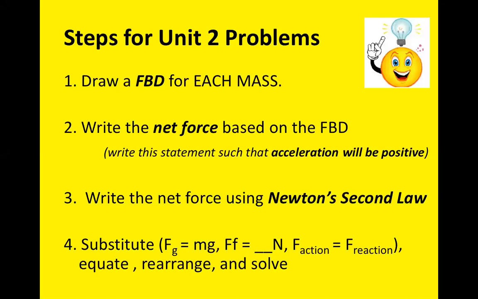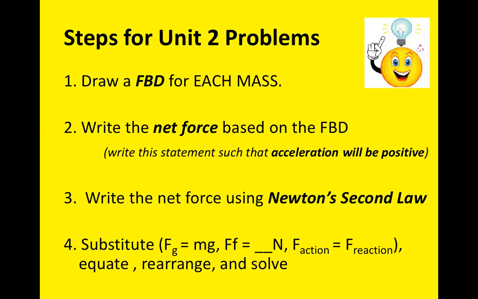So these are longer problems that might be intimidating at first, but we want to think of the steps and tips that we've been using so far for these longer problems. We've always drawn a free body diagram for each mass. Then we write net force statements for every free body diagram.